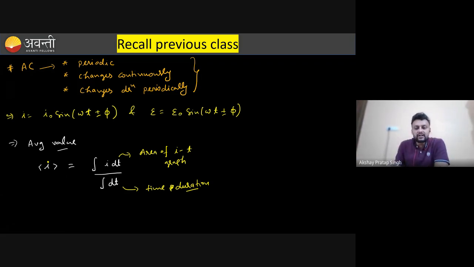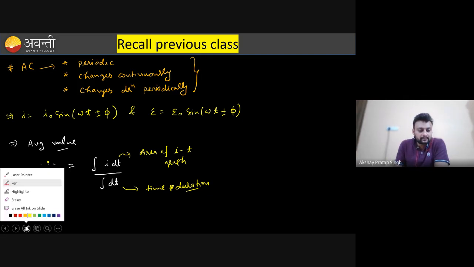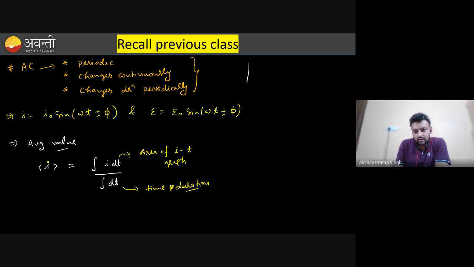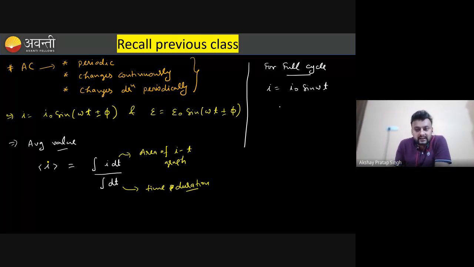Now, there were some punchlines, if you remember from the previous class. For full cycle, if current is I = I naught sine omega t, then what is I average?